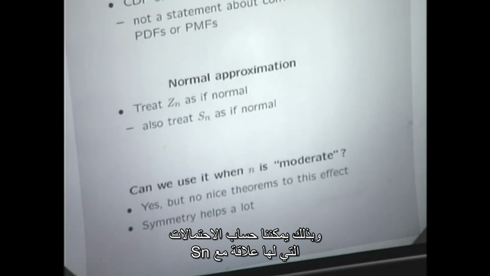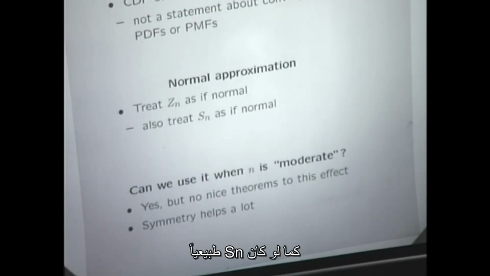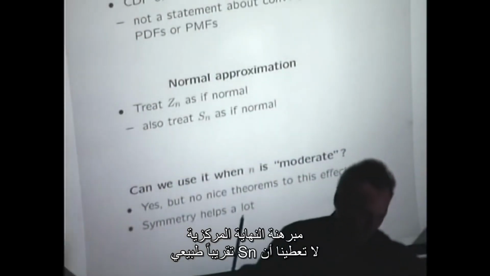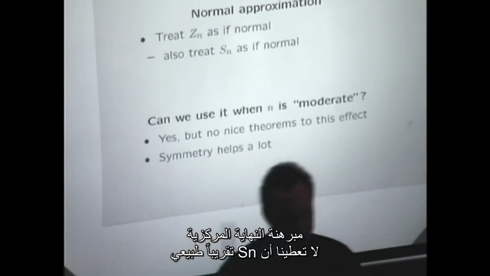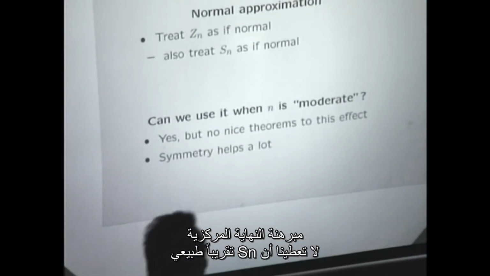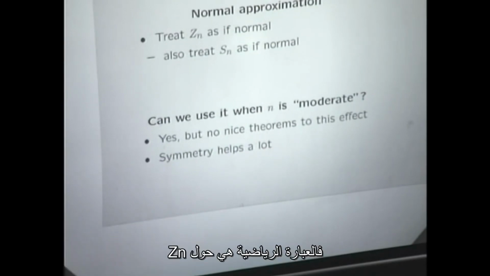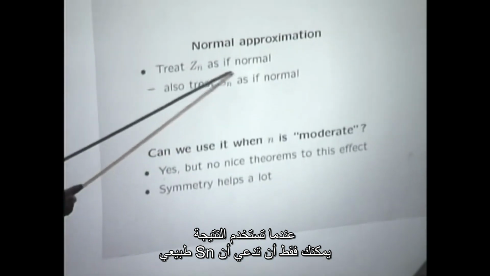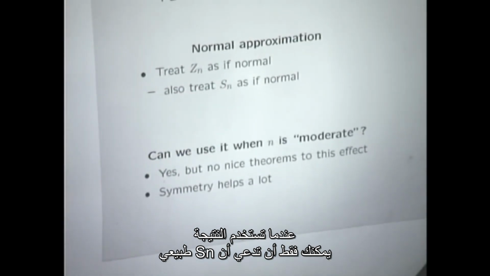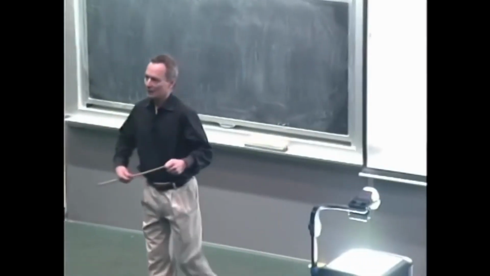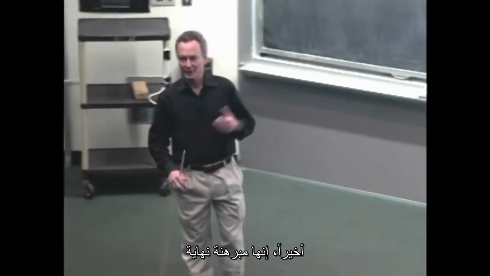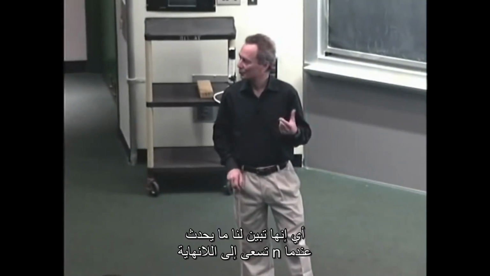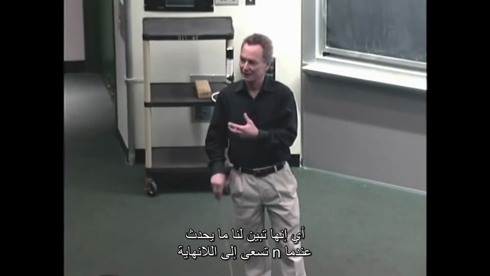And so we can calculate probabilities that have to do with Sn as if Sn were normal. Now, the central limit theorem does not tell us that Sn is approximately normal. The formal statement is about Zn, but practically speaking, when you use the result, you can just pretend that Sn is normal.